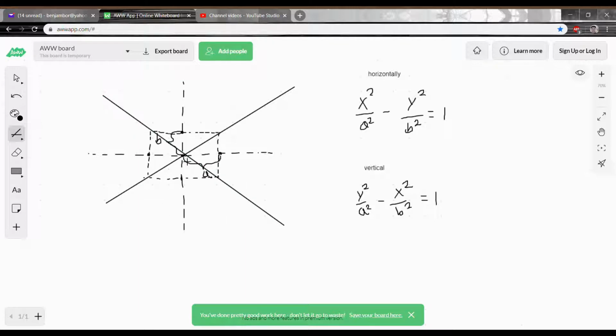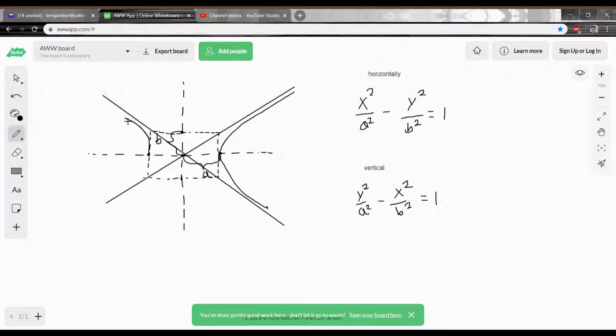These lines are going to intersect at the middle, and they are going to become asymptotes for our hyperbola. So the hyperbola branches are going to begin at the vertex, and they're going to go out and get ever closer to the asymptotes without touching them. And that is how we sketch a hyperbola.